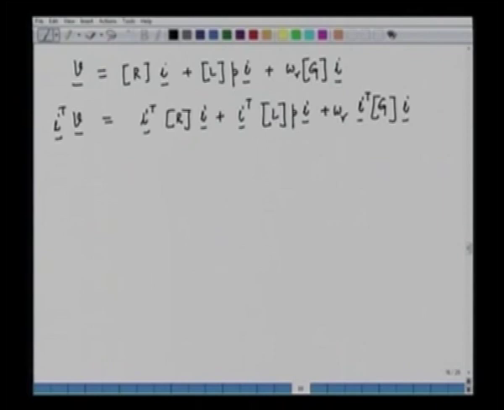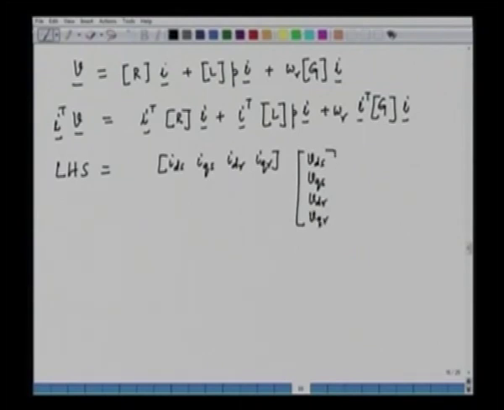Now what is I transpose? I transpose is IDS, IQS, IDR and IQR, and what is V? V is VDS, VQS, VDR and VQR.